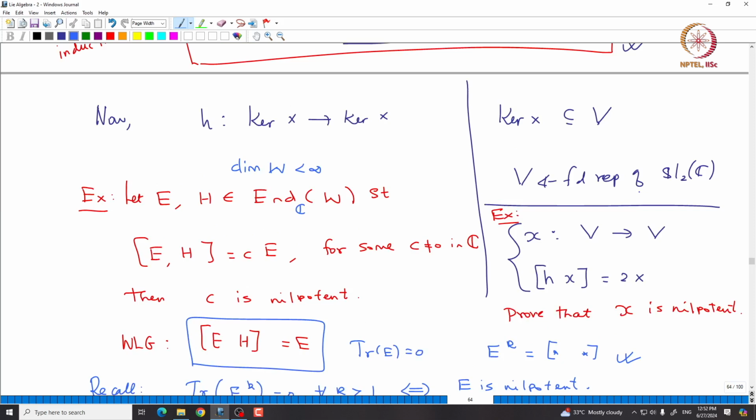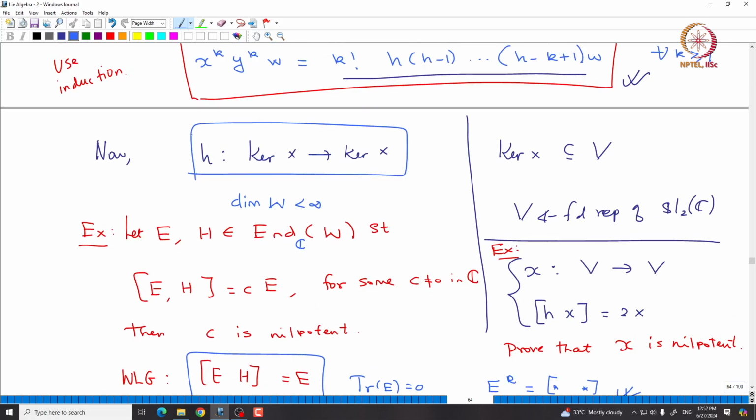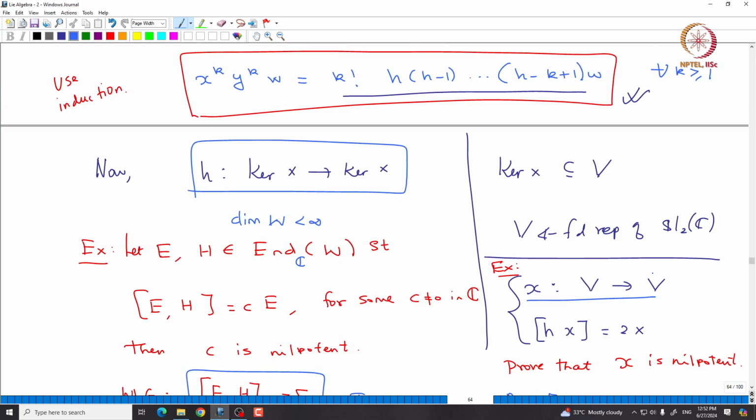So, that means if we prove that x itself acts nilpotently on capital V and y itself acts nilpotently on capital V, some power of x, some power of y, especially the dimension of V, gives you that x to the power dim V and y to the power dim V are 0.